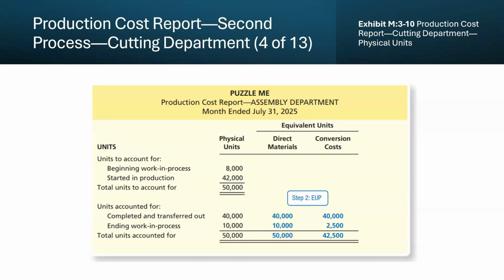Now notice that because this is a subsequent department, we must account for units that are transferred in. So we show this by having a transferred in column on the production cost report.